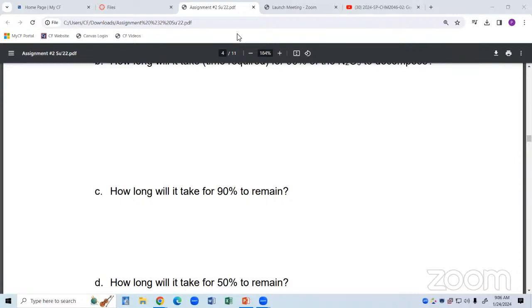Let me write down the equation. t is equal to ln of A over the initial concentration of A, minus sign here, divided by k. All right. So how would you apply that equation to solve for C? They said that 90% of the reactant remains.